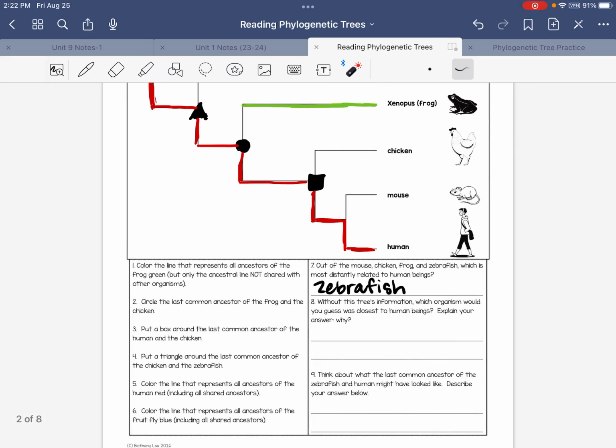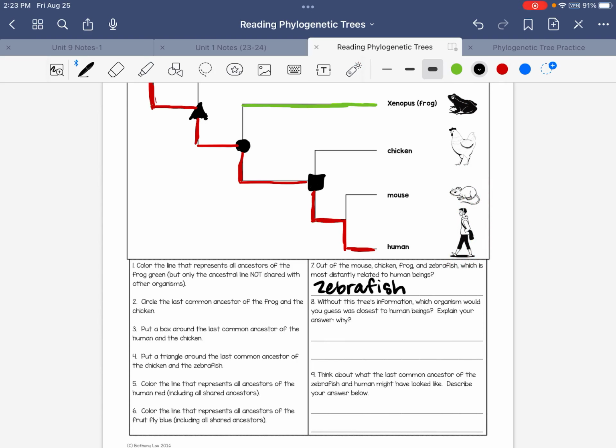If we get really specific, I would say the mouse here shares a lot more characteristics in common with us than even like the chicken or the frog, right? So mice are mammals. We are mammals. They are warm-blooded. We're warm-blooded. They have hair or fur, and we have hair or fur. So some of the characteristics really line up and help us understand that, yeah, we are really related.